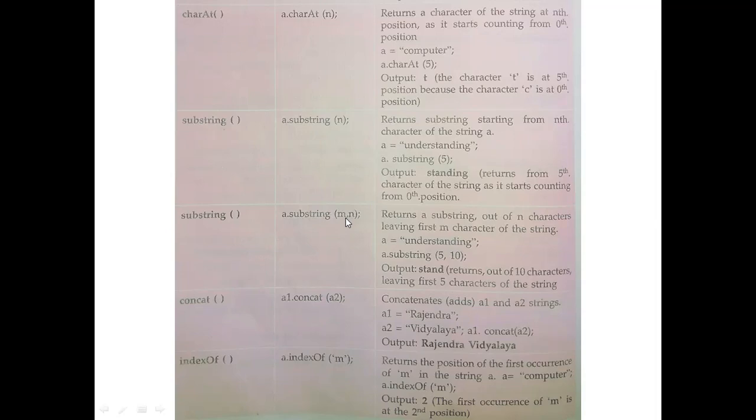Now, concat. What do you mean by concatenation? Concatenation means joining of strings. A1 has "Rajendra", A2 has "Vidyalaya".